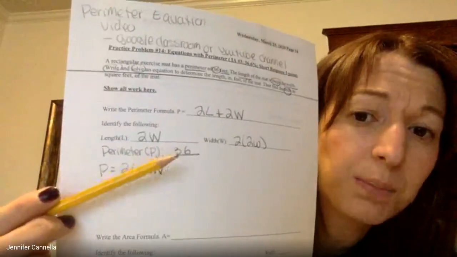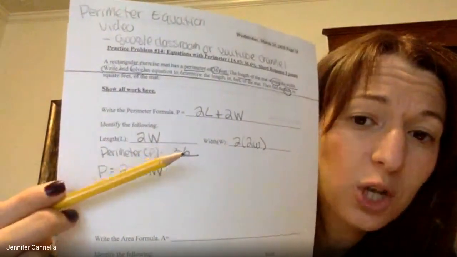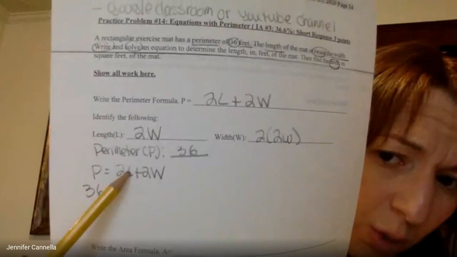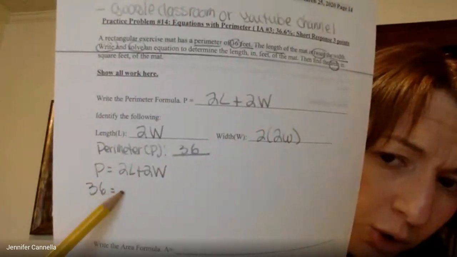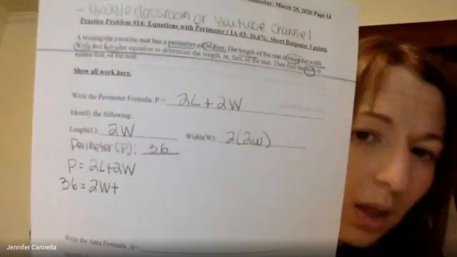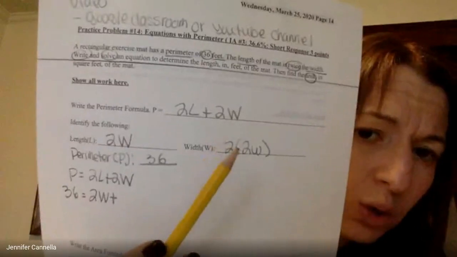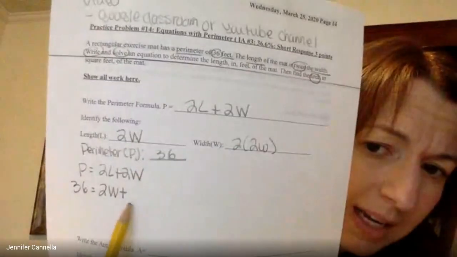So in place of the P, I'm going to put 36. The length is 2W, so 2W goes in the place of 2L. So I'm going to put 2W plus the width is 2 times 2W. I'm going to take this and put it right here.